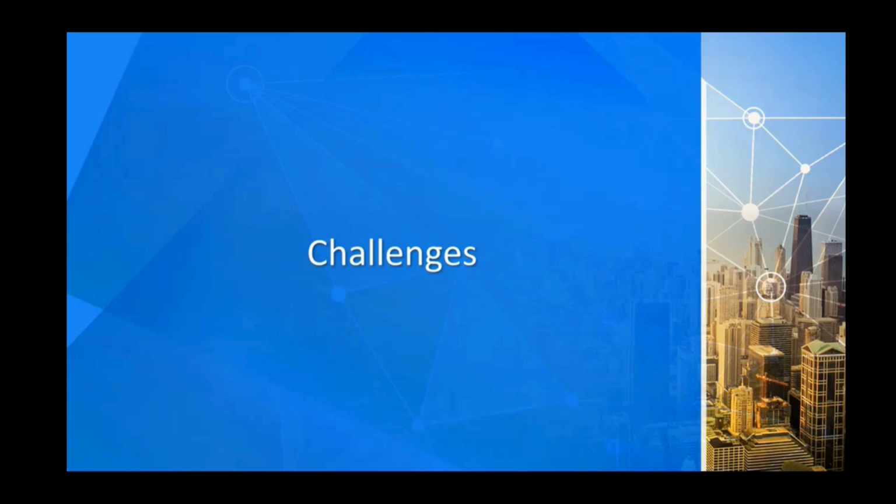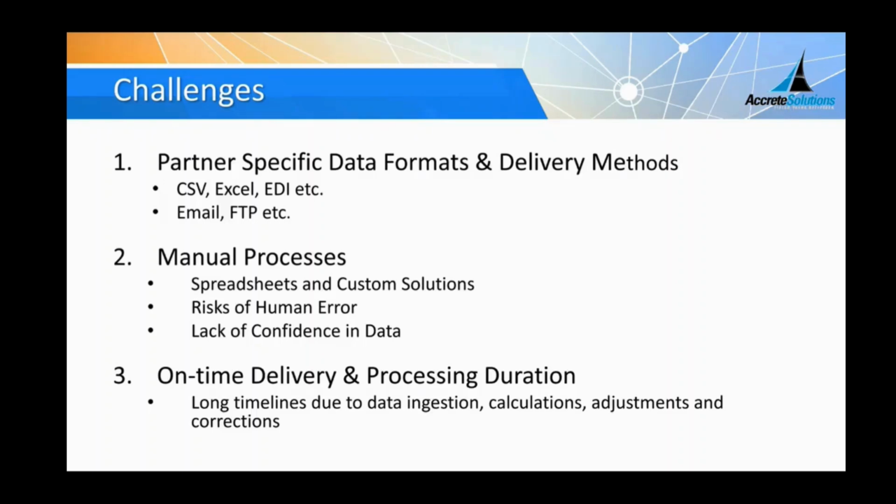The ultimate goal is to generate revenue quality data for all your downstream revenue management processes. Based on my lot of experience, I think there are top 5 challenges. There are more, but the number one challenge is your partners sending data in their own varying formats, and they use their own delivery methods.